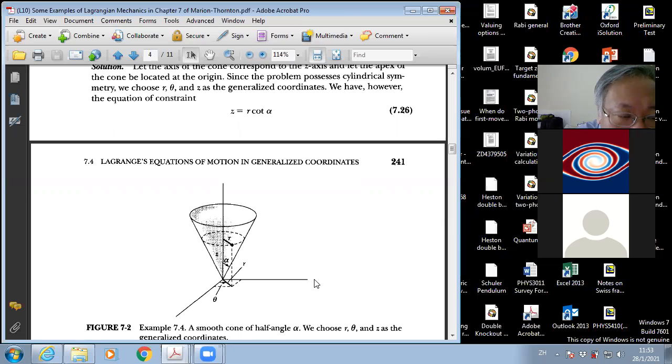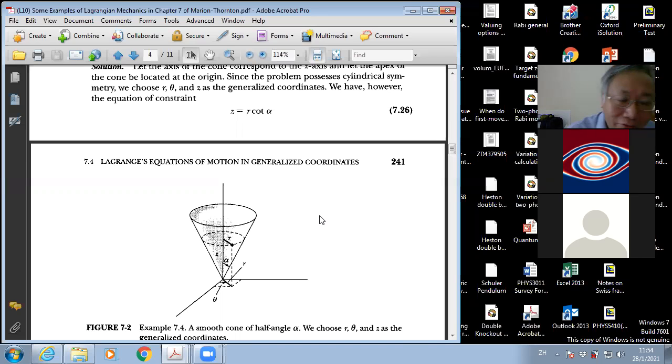Now, in general, we can see that if we use spherical coordinates, r can change, theta can change, phi can change. In other words, the azimuth angle can change, the polar angle can change, and the radius variable will change.